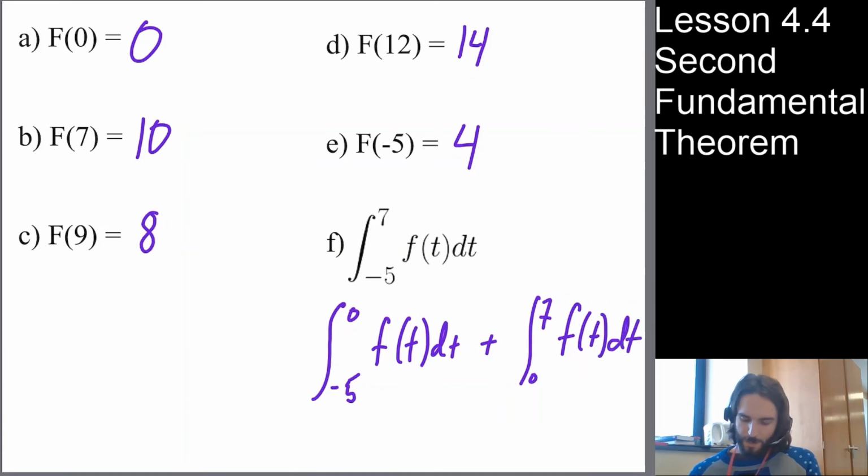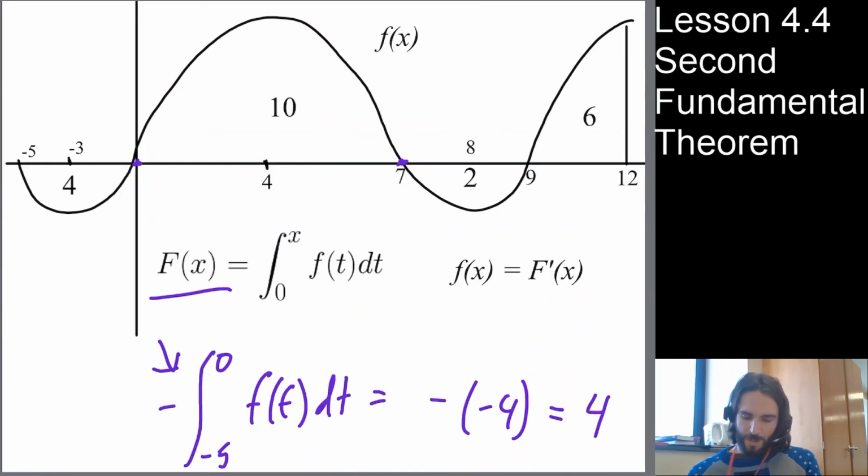And then I'm going to switch the bounds on this first one to be 0 to -5, and then throw a negative sign on front. Because that's how big F of x is defined, from 0 to x of f of t. And so that's what we have the information to evaluate.